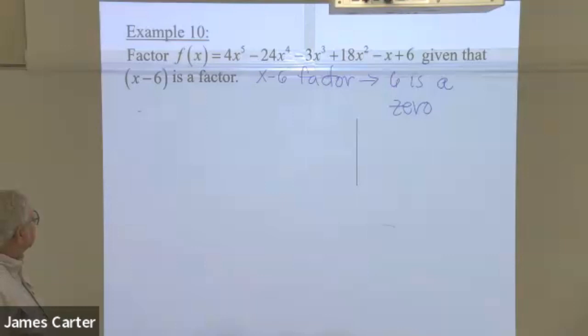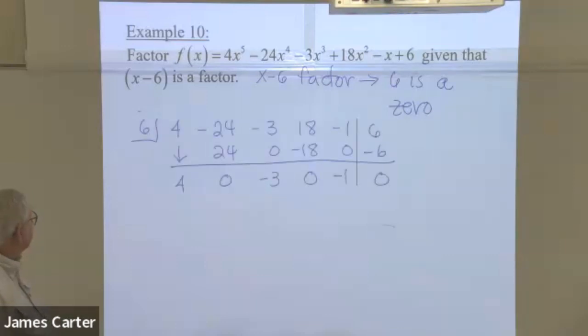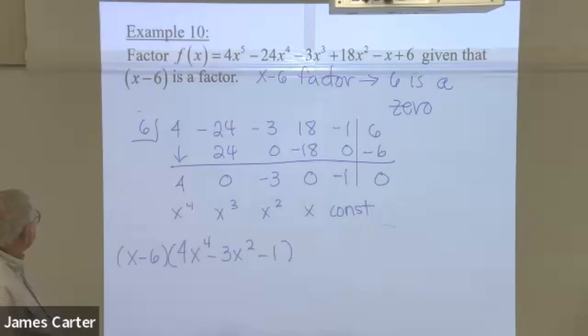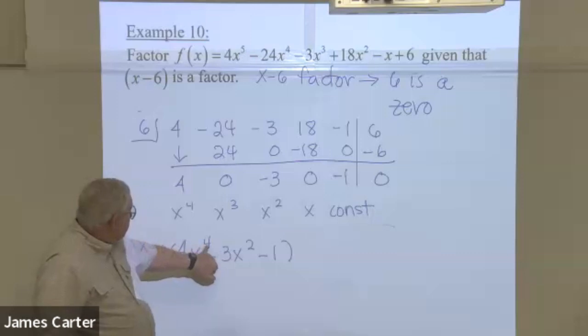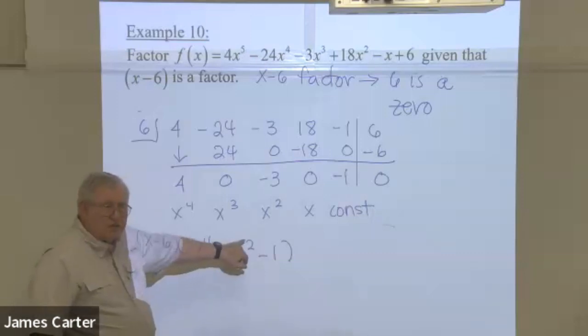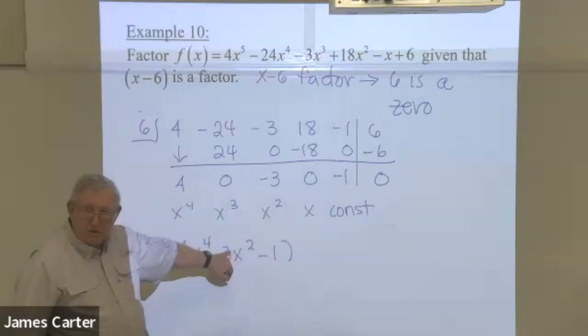Well, there's the 0. So here's our synthetic division. Pretty straightforward numbers. We put the variables back in, so since I had a 0 remainder, this becomes this factor times that. Well, guess what? 4, 2, twice as big. That means we can factor this by normal methods.